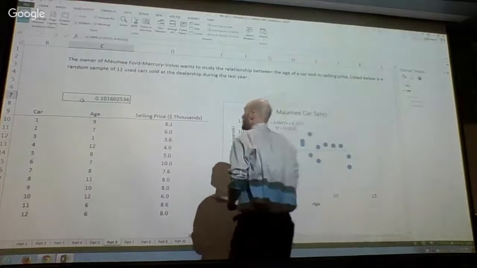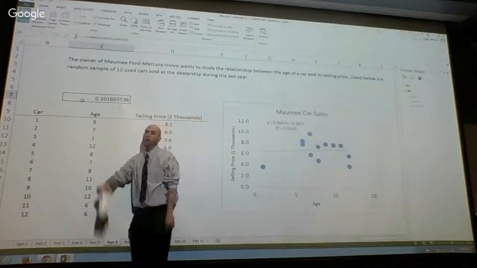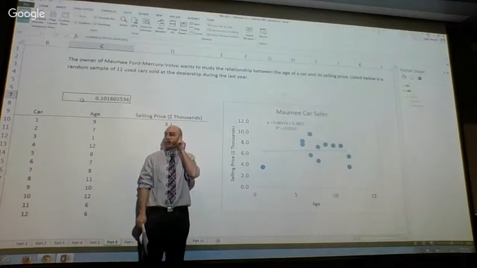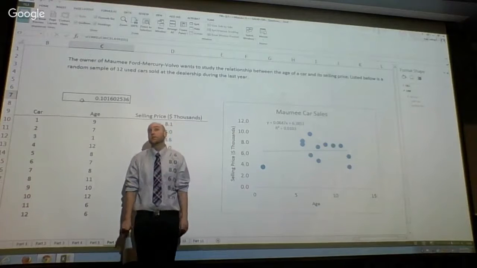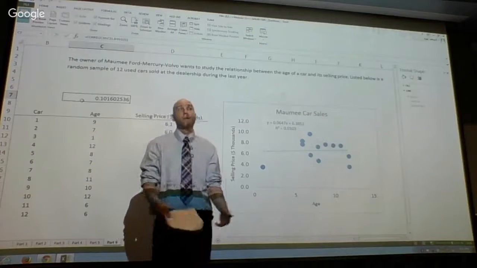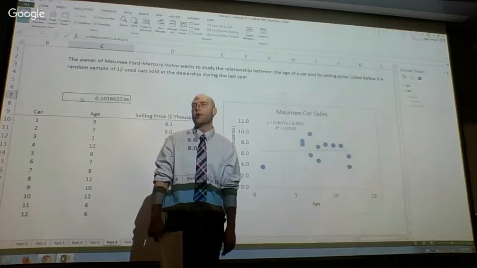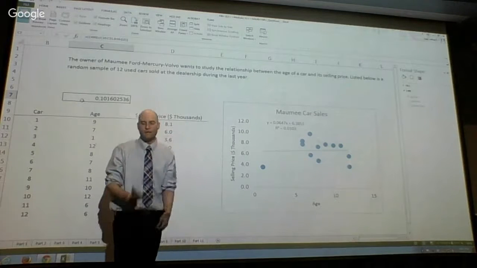What we observe in this case, 0.1, and what we expect for a non-existent correlation, 0, those two things are very close. So that's again why we would conclude that this correlation is non-existent.